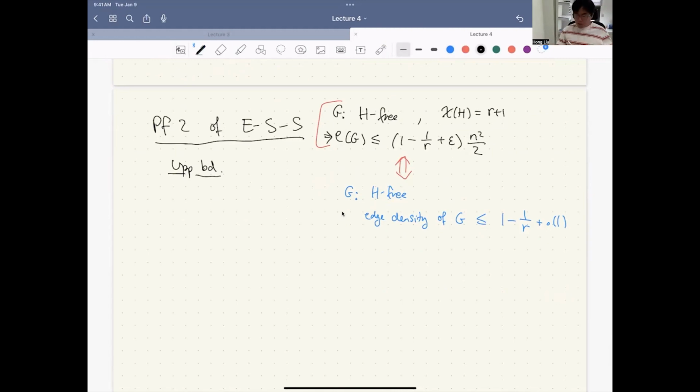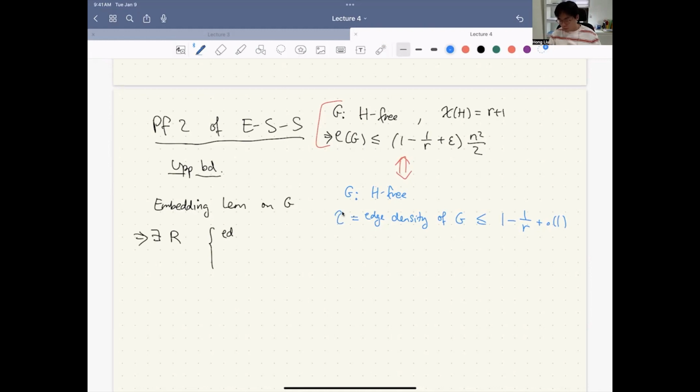So by the embedding lemma, we can find R, apply the embedding lemma on G. We find our graph R, this reduced graph, the magical graph. We know that there is some graph satisfying that the edge density... So let's call, why not call tau to be this?